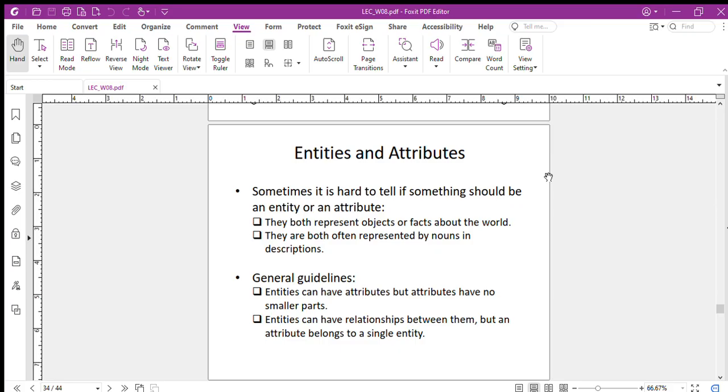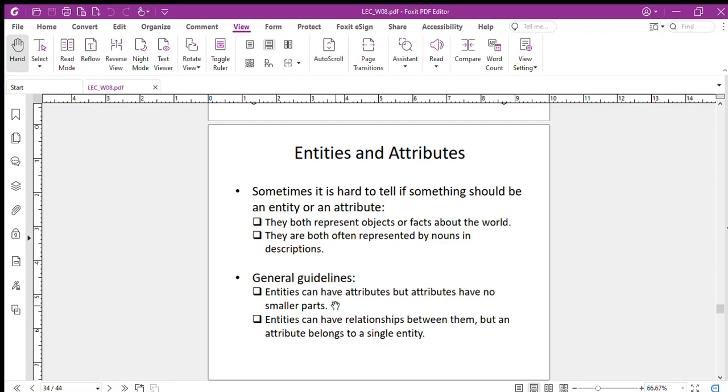Sometimes it is hard to tell if something should be an entity or an attribute. They both represent objects or facts about the world. They are both often represented by nouns and descriptions. But some general guidelines can help you. Entities can have attributes, but attributes have no smaller parts.